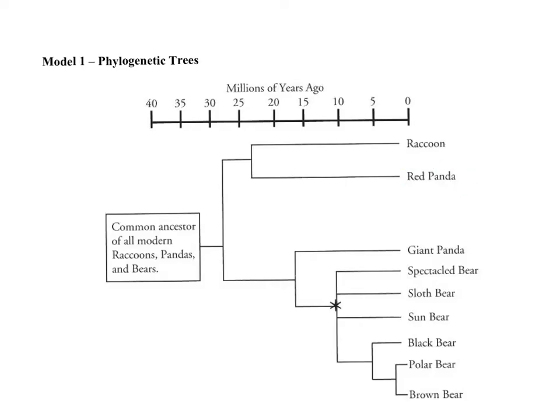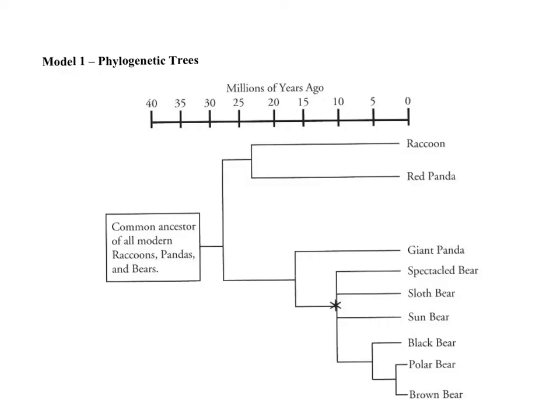Question number 6 asks, which are more closely related, the giant panda and the red panda, or the giant panda and the polar bear? Justify your answer using grammatically correct sentences. So the grammatically correct sentences and your justification is going to include the physical location of the organisms on the tree.